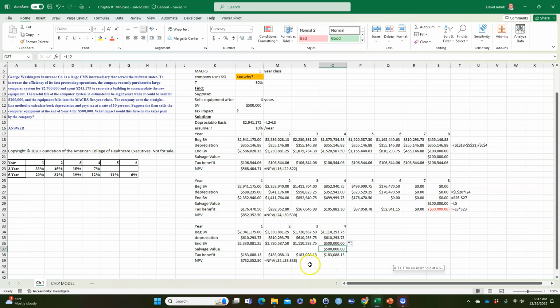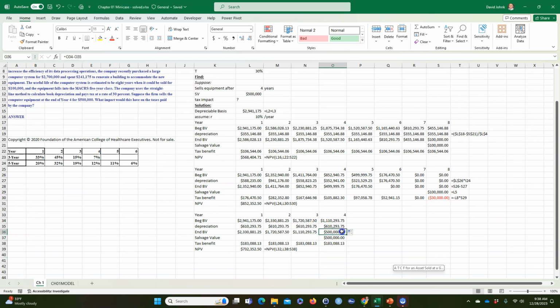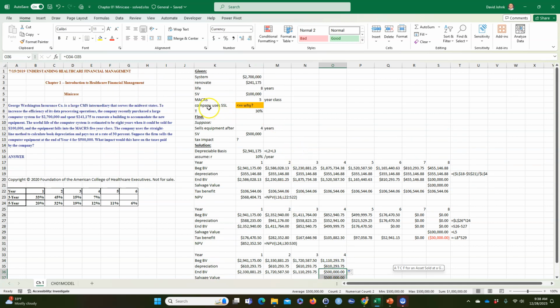And it definitely is going to make a little bit of difference. I mean, it's not going to make any difference as far as what's that asking? Remember, so well, what's the tax impact?